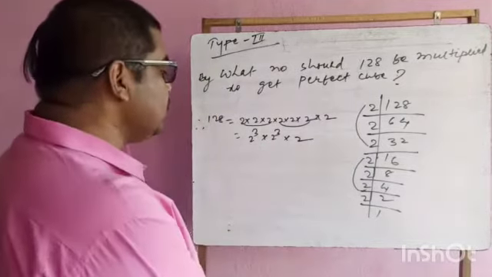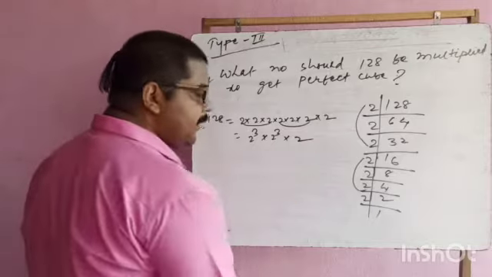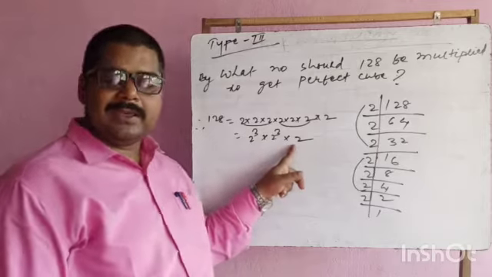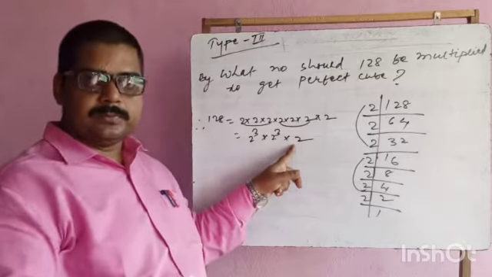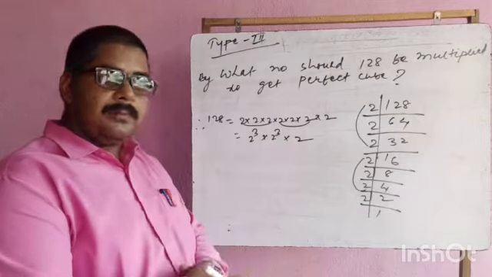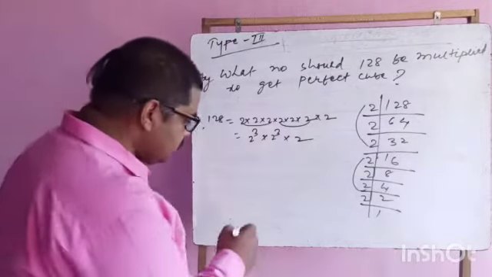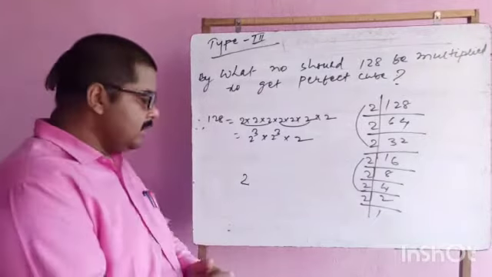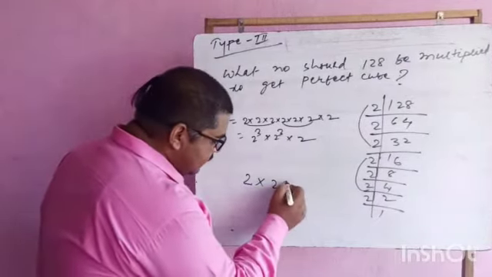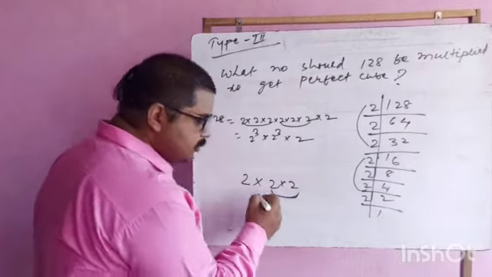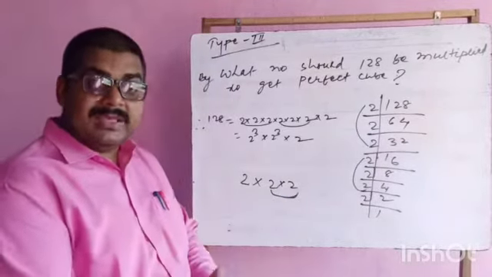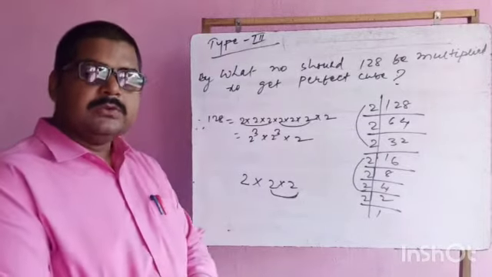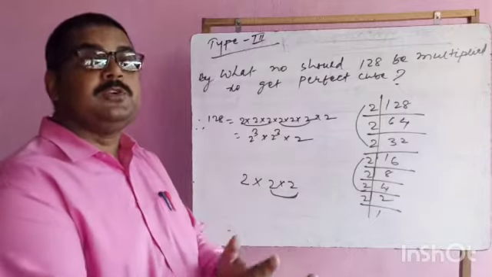Now you notice that it is not a perfect cube because one 2 is remaining. It is not in the form of a cube. To convert it into a cube you have to multiply by 2 more, that is, 2 times 2, which means 4. So it is multiplied by 4 to convert it into the form of a cube.